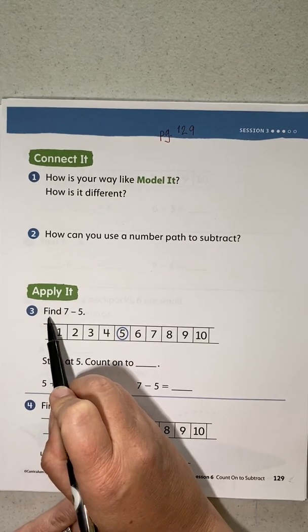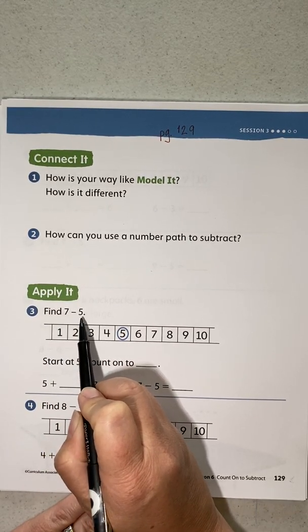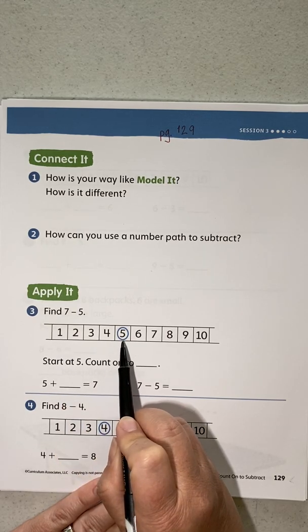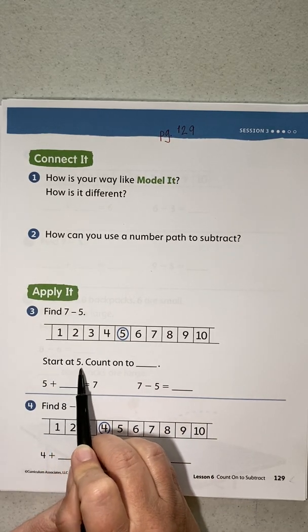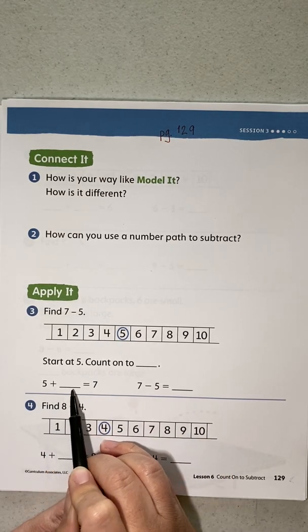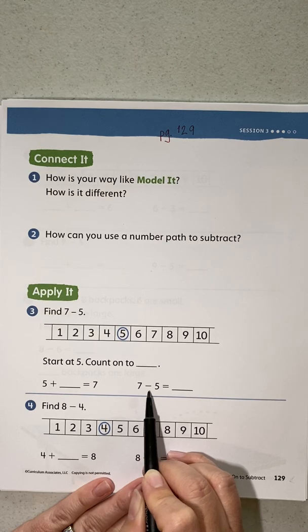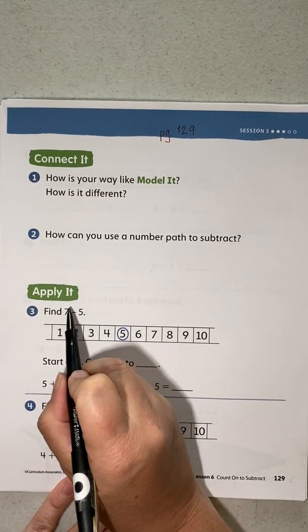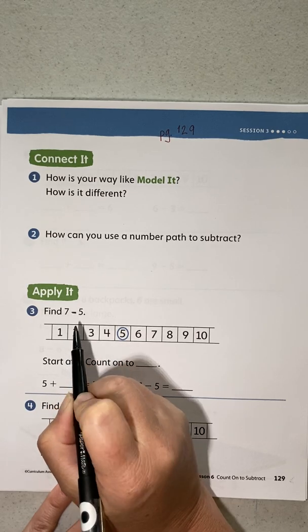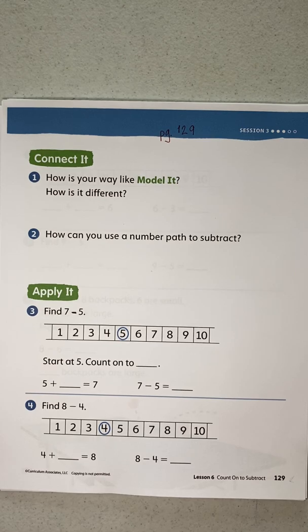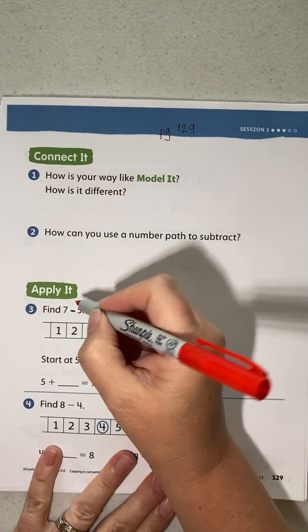Apply it. Find 7 minus 5. Here's our number path and 5 is circled. Start at 5, count on to what? 5 plus blank equals 7. 7 minus 5 equals blank. We have a minus symbol here. So whenever we have a minus symbol, we need to label it.